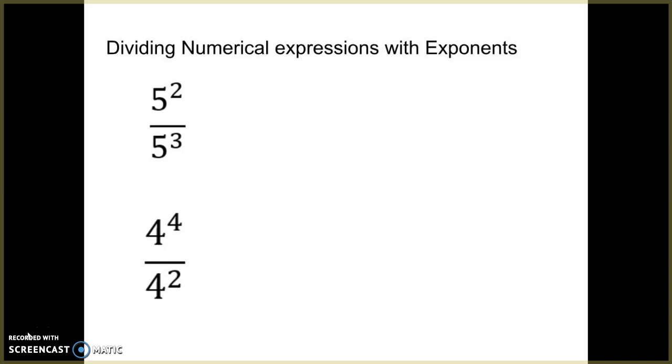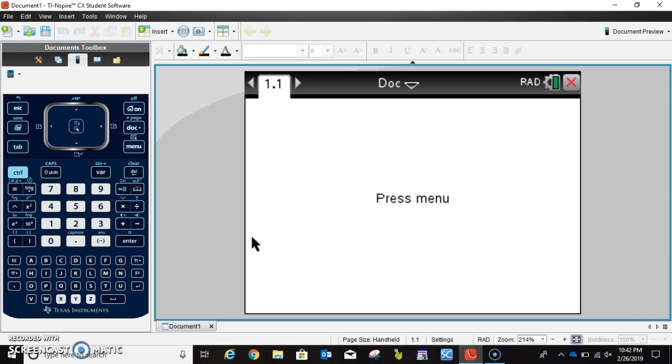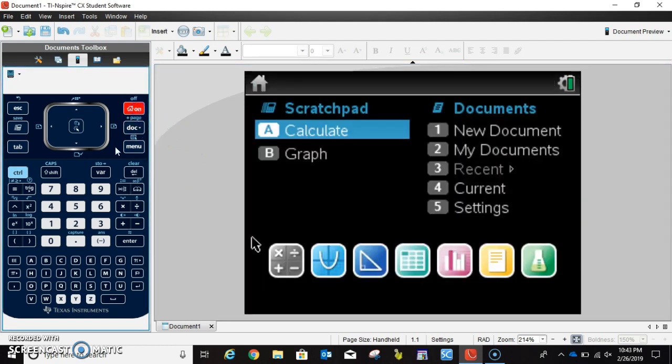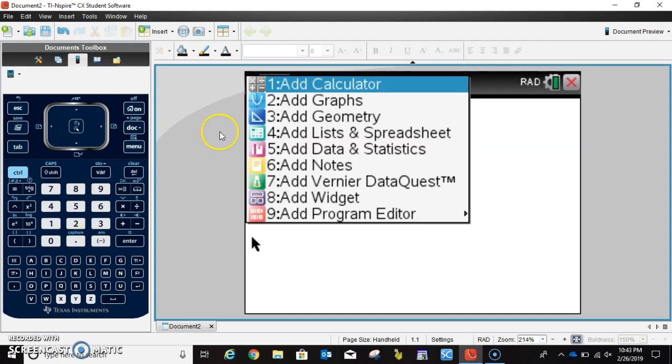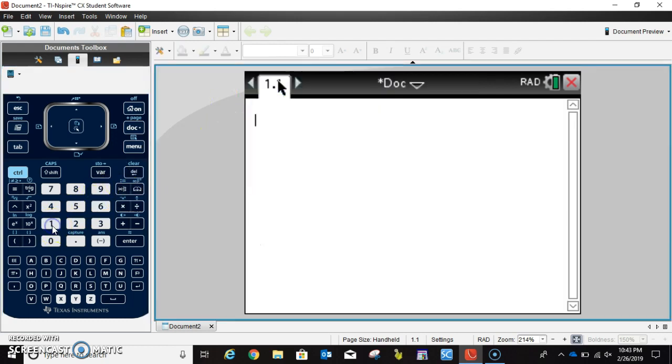So problem number one is 5 squared divided by 5 cubed, and we want to evaluate that and see what the answer is. Let's do that together in our calculator. In your calculator, go home and then new document, and add a calculator.